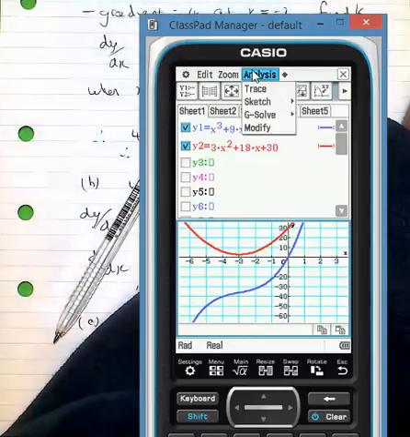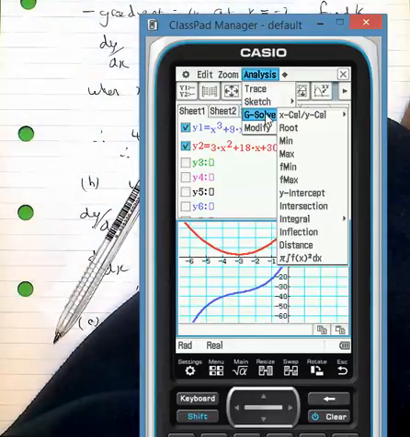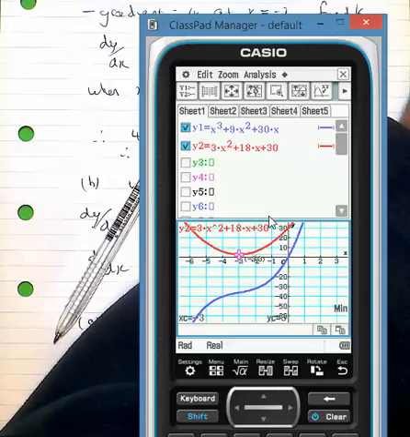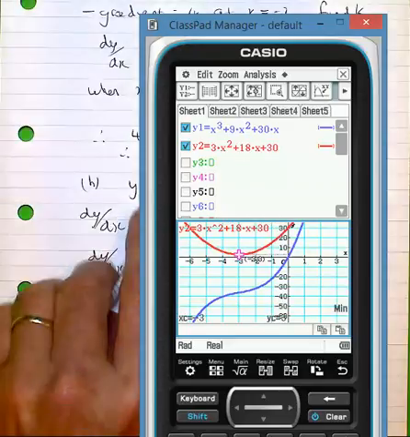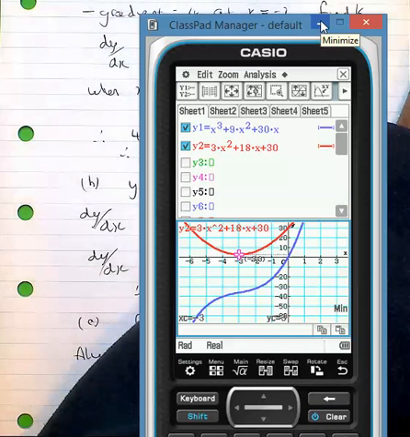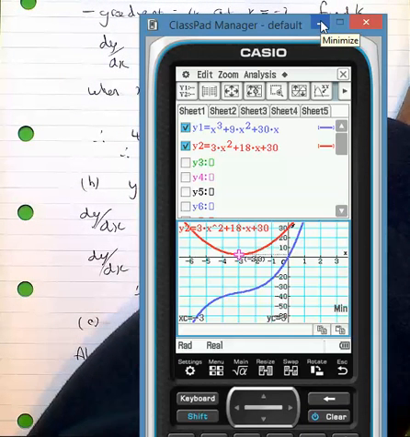If I do the analysis of the turning point, I want the minimum in this case. You can see, I'll have a look at the graph, that I've got a minimum at negative 3, 3. So it's always positive. I'll rewrite that equation in the format of its turning point notation.